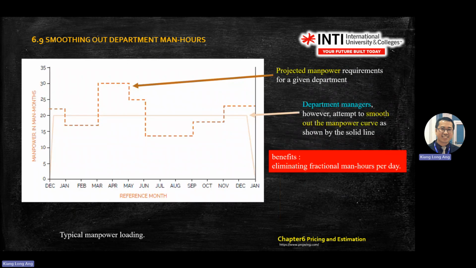They will make an estimation, the dotted line, and then the department manager will smooth it, either by taking the average or the mean of the whole curve, so that they can manage from January to December. They don't need to always hire people.